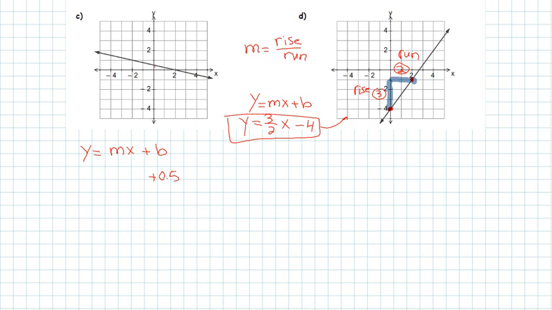So if you see that this point here is a clear point, and this point here is a clear point. You guys understand what I mean by clear points, correct? It's a point where I can read the x and the y clearly. Okay, so in this case, your x is -2, your y is 1. Okay, that's what a clear point means. However, if I take this point right here, this is not a clear point.